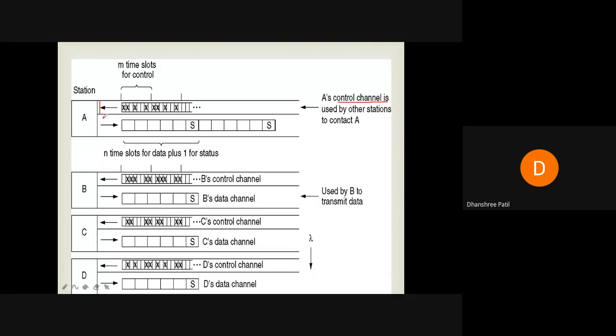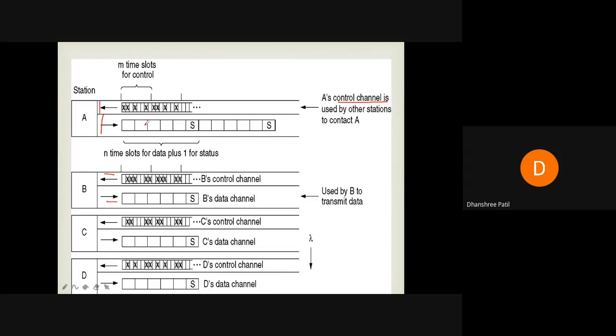So this broad section is used as a data channel for every station. This is a control channel, this is a data channel, control channel, data channel. These are the basic information of this diagram.